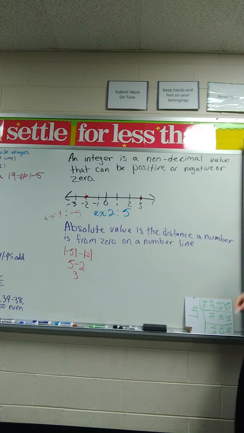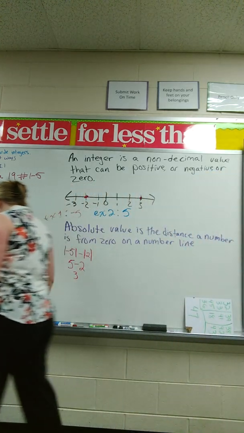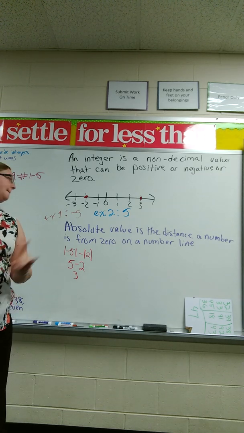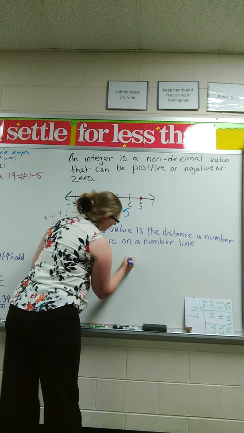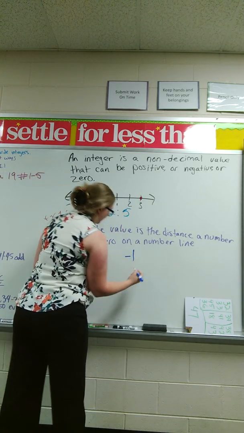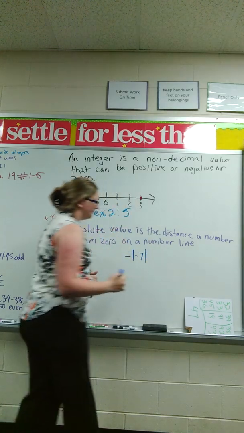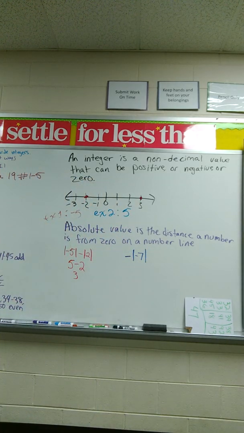Now, I have a question for you. Because we said that the absolute value was always going to be positive, what if I had negative absolute value of -7? Would that be positive or negative? Raise a hand if you think negative.